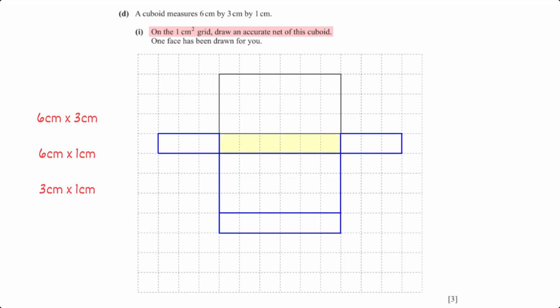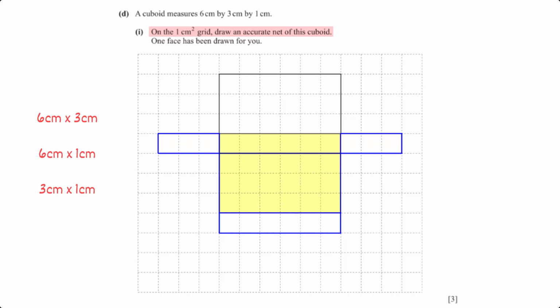We can start by drawing the base of the cuboid, which has dimensions 6 centimeters by 1 centimeter. The base would be connected directly to the other 4 side faces. At the top and bottom, it will be connected to the side faces with dimensions 6 centimeters by 3 centimeters. One of these faces has already been drawn for us.